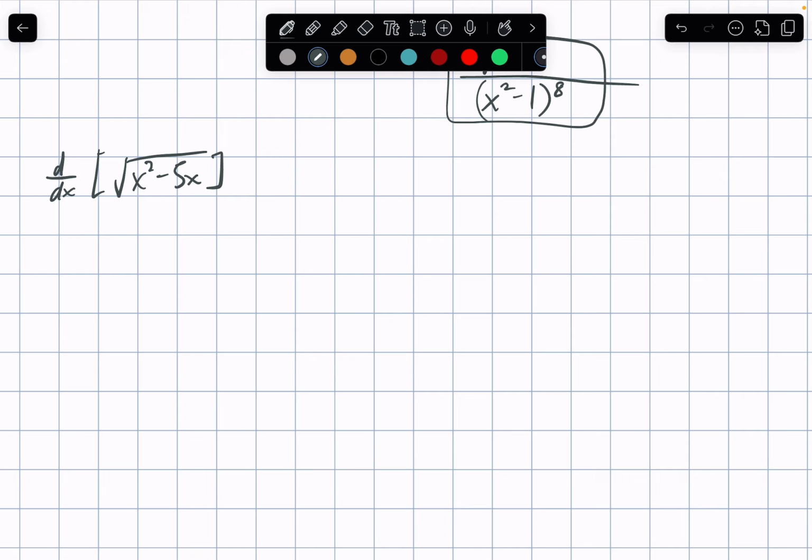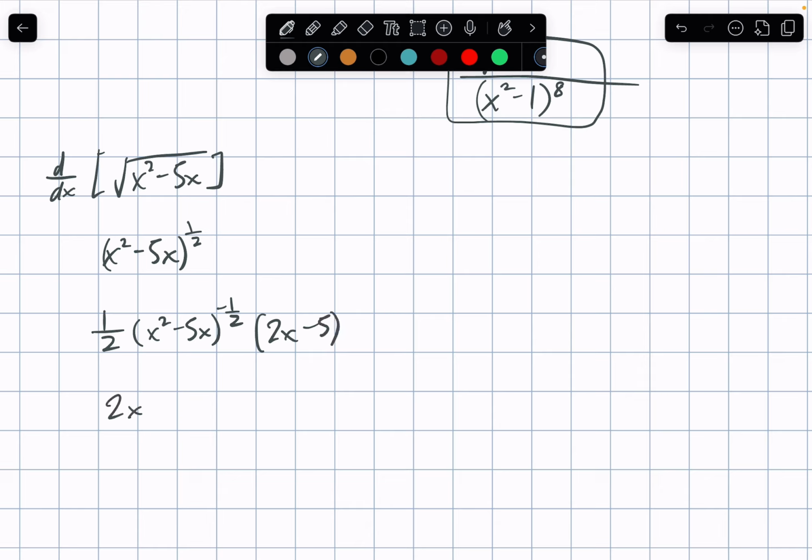So we can transform the radical sign, rewrite it as this, and then we apply power rule. And then the derivative of whatever's inside the parenthesis.